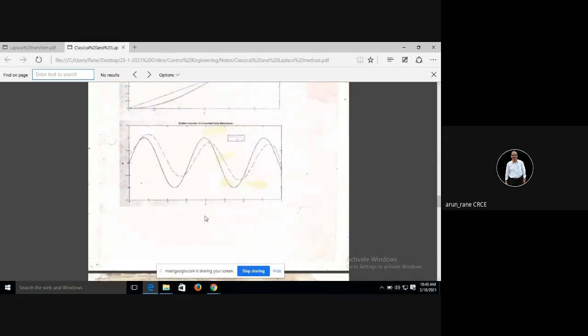So at any time, like say when t is equal to 1, 2, 3, 4 seconds, what is the error? So this is the error.